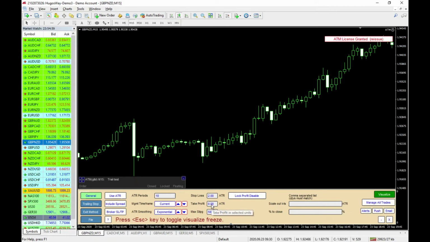We need to change to our same settings, so we're going to be at 4 ATR. We're going to use ATR. We are going to exclude spread, and we're visualizing bullish, and we are sitting with an exponential. So here we are. Now notice how things get much farther apart as things start to really move up.